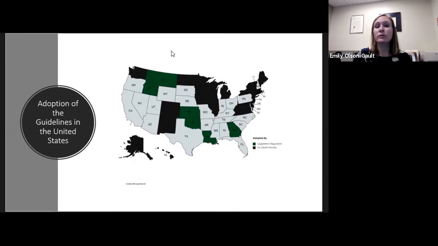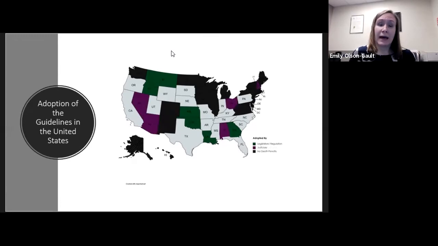And one of the beautiful things about the guidelines is that they really are flexible enough that they can apply in a state like in the Mountain West in Idaho or in the Deep South in Georgia. They are flexible enough that those states still can take the guidelines as a whole and say they apply to our lawyers too. So we have 6 states that have adopted the guidelines in this fashion.